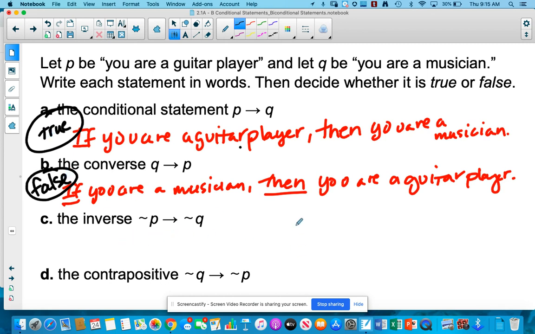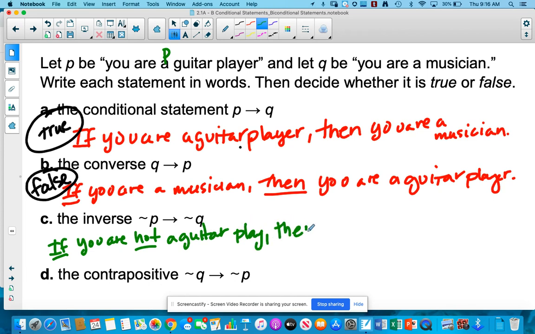Let's look at C. It says the inverse. So we know that is not P to not Q. So we would say, if you are not a guitar player, then you are not a musician.